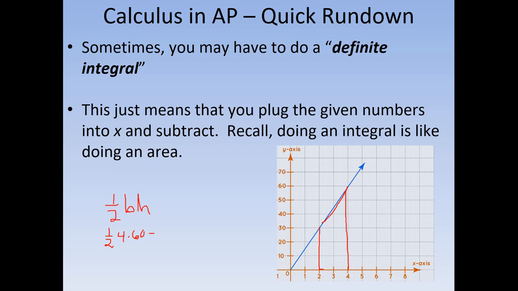And then I could subtract this smaller area, the one that I'm not actually using, 1/2 of 2 times 30. And that's how I can find the area. That's pretty much the idea. You get your equation for the area under your curve, the integral equation. Then you just plug in the values at the high end, plug in the values at the low end, subtract them, bada bing, bada boom. And there's your area.